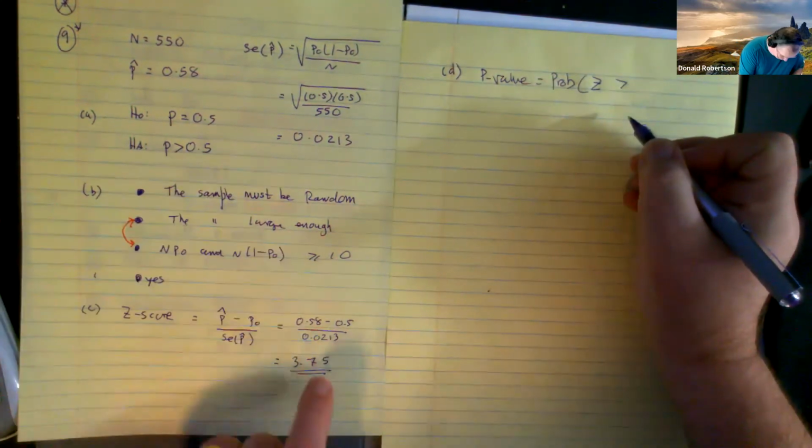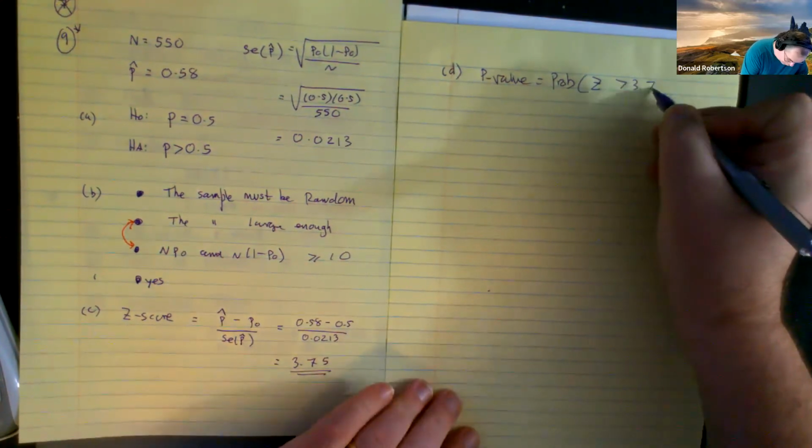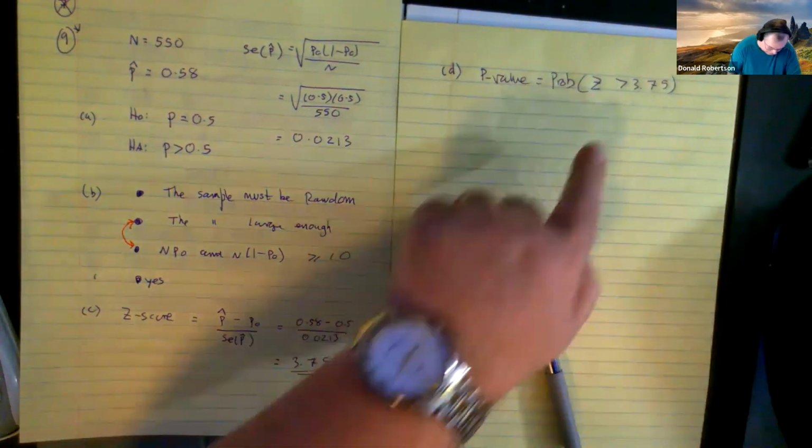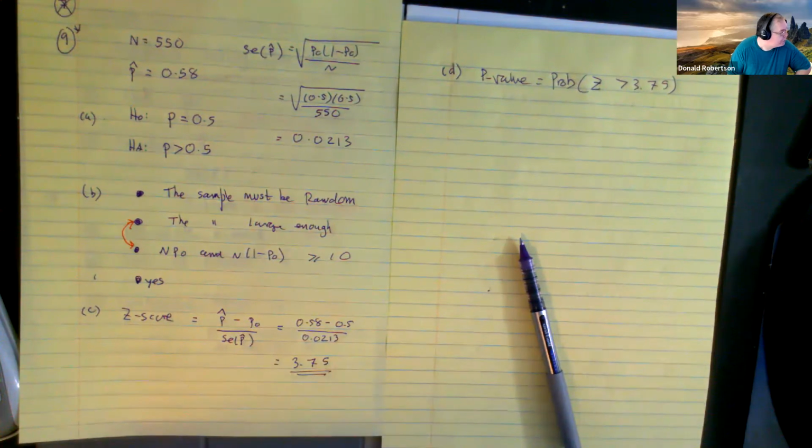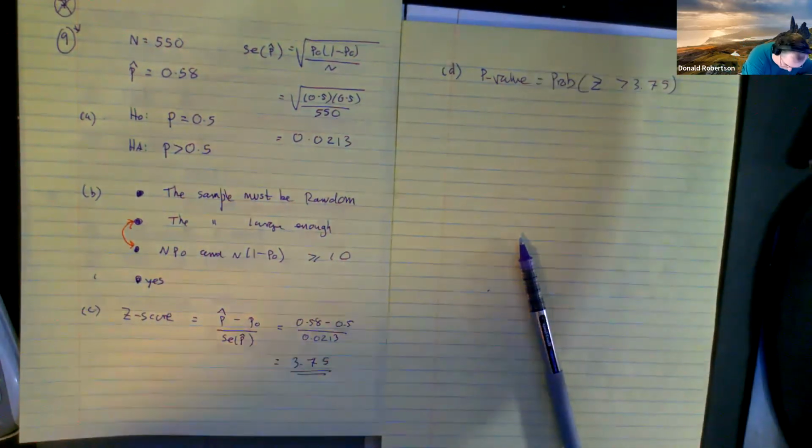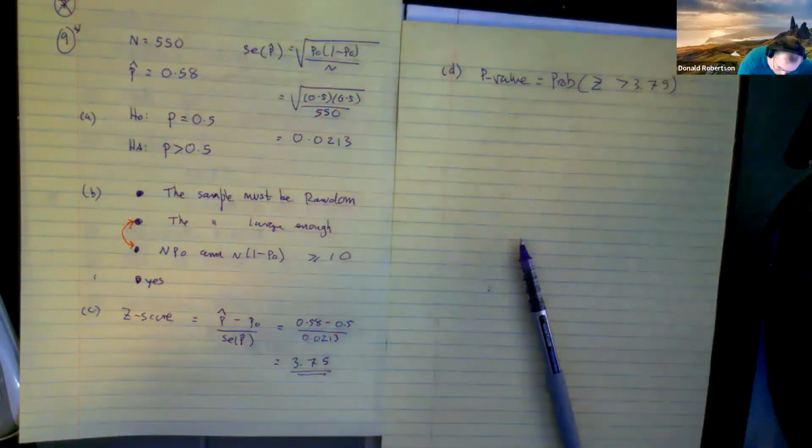Whatever that is, the p-value uses the same one. Now, this guy is going to be done with the software. So I'm hitting the button, even if you can't see it. Just trust me. I'm going to distribution, putting in bigger than, and typing in the number 3.75.